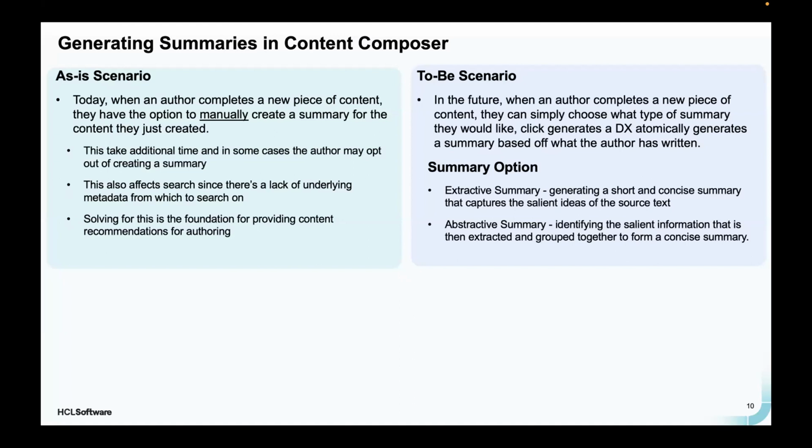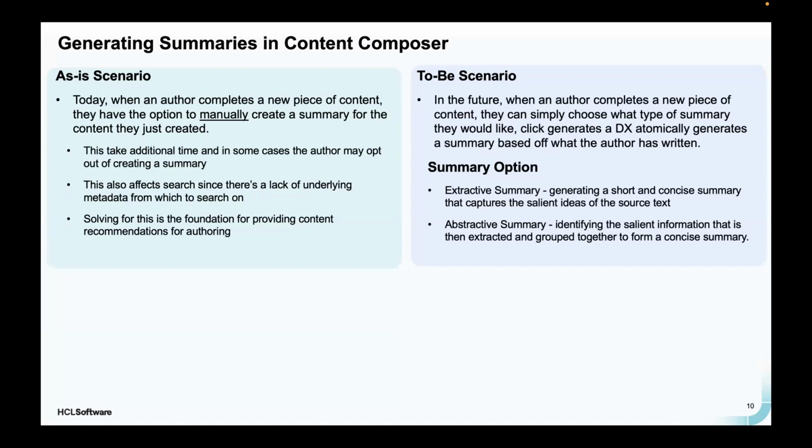And this potentially poses a problem for that author, or for all of the content, because you could potentially have pieces of content where there are no summaries. Maybe an author, for example, opted out. And like I mentioned, this has rolling effects. So things like search, if you don't have that underlying metadata from a summary or a keyword perspective.